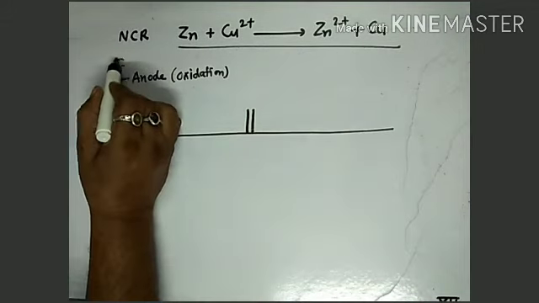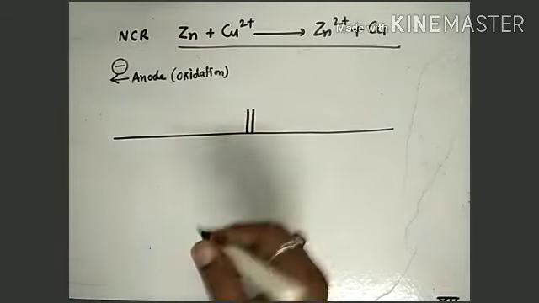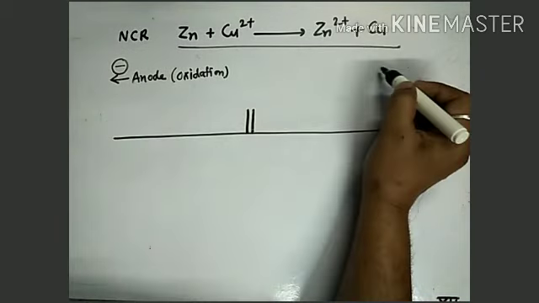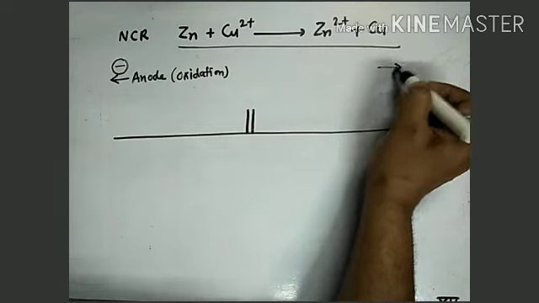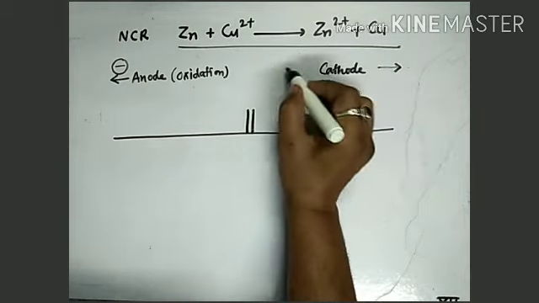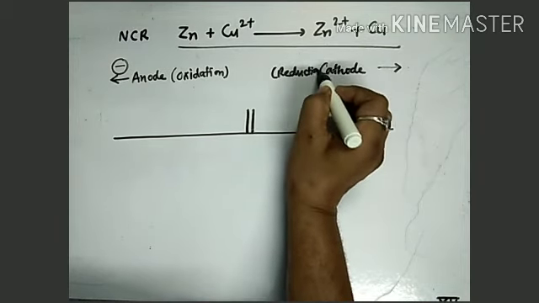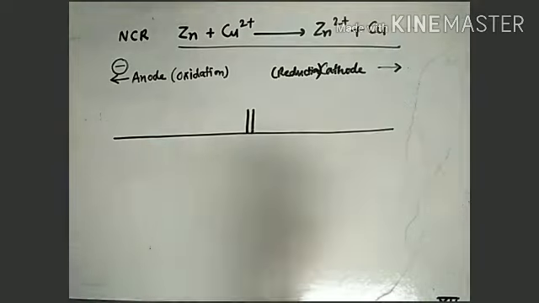Obviously it is marked by a negative sign. At the right hand side we have to mention the cathode, and the reduction reaction actually occurs here.